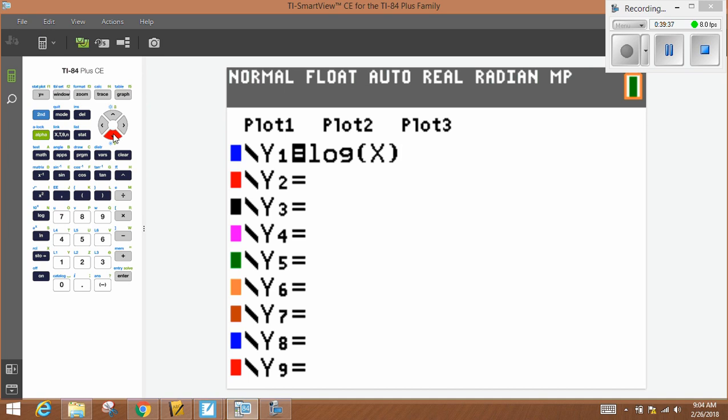And let's look at 3 plus 2 log base 10 of x minus 2.